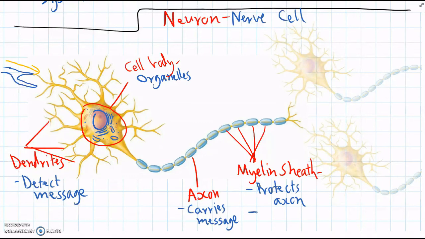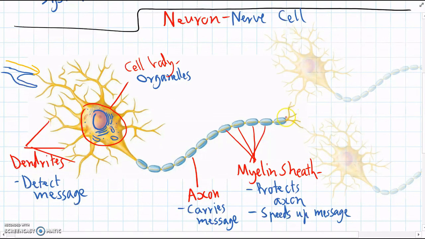So if you imagine your headphones for your phone or a power cord, we need to have rubber around it to protect that message as it travels along. It also speeds up the message too.